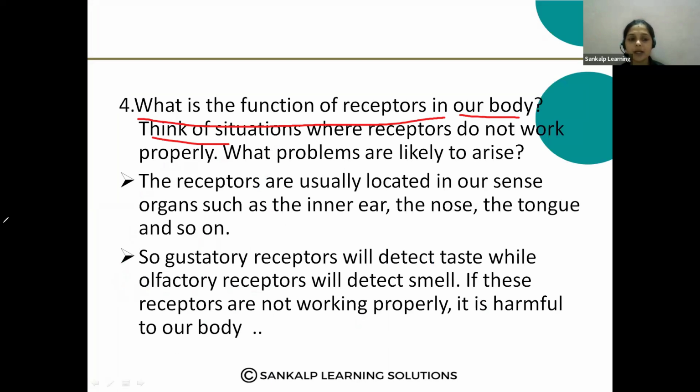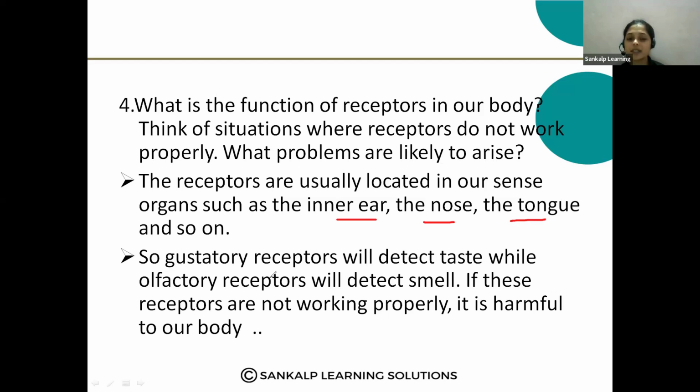In our body there are different types of receptors. Receptors are located at our sense organs, like ear, nose, tongue, and on the skin.